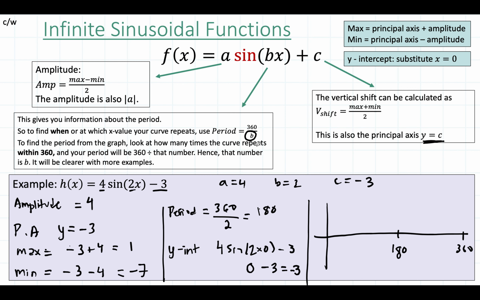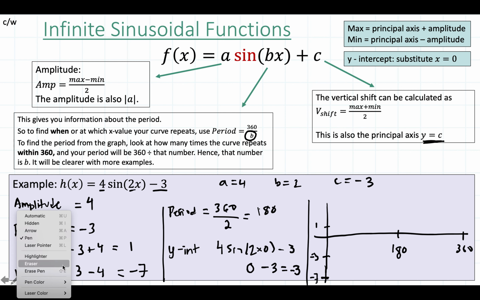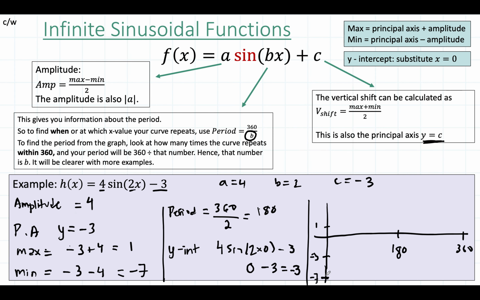Now the y-intercept, we said we have the lowest value is -7, actually. Let's start with that. The y-intercept will be -3, and that's the principal axis, and our maximum value is 1. So we have all the main properties, and if we're going to graph it, it's going to start at -3, it's going to go up to 1, and then down at a minimum -7, and then it has to go back to this starting point at precisely 180.